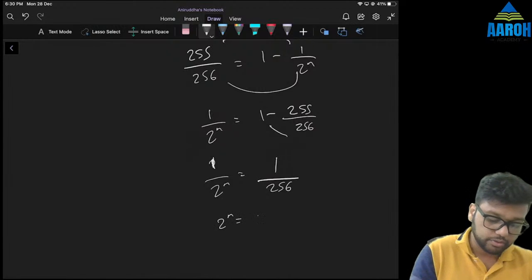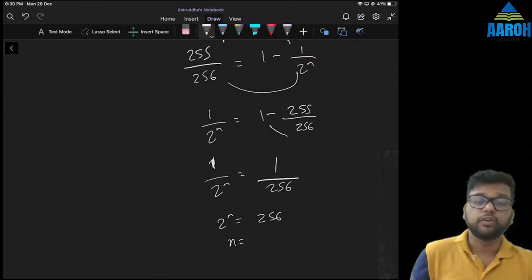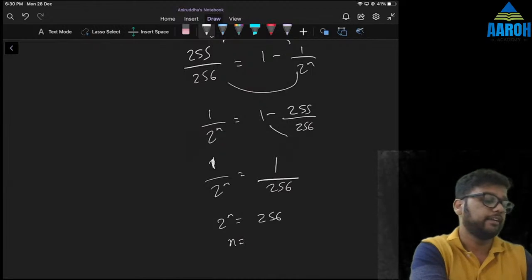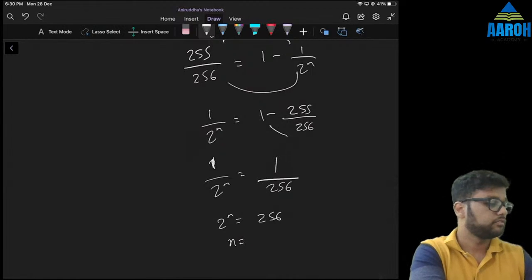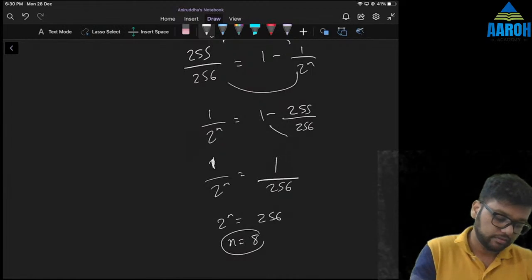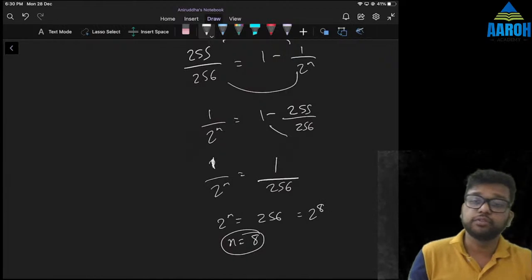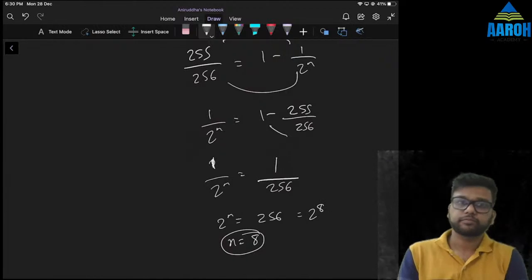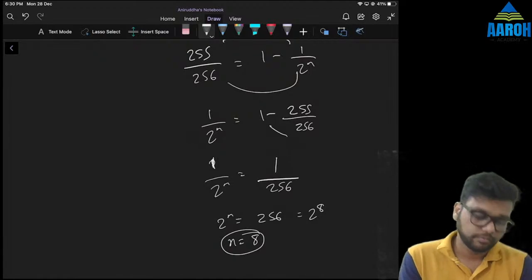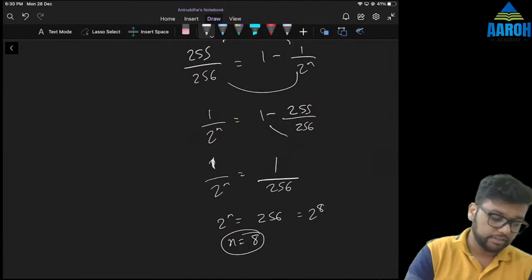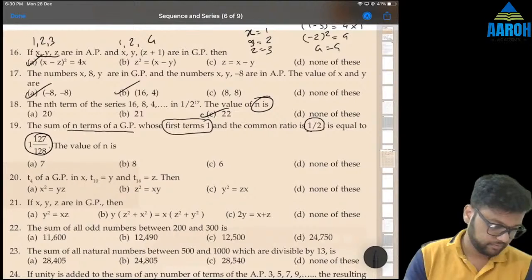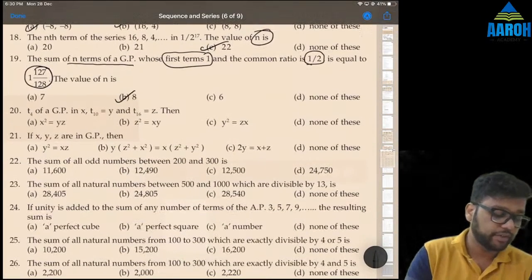That means 2 raised to n is 256. So n is what? 2 raised to what is 256? 8, right? We know that 2 raised to 8 is 256, right? So 8 will be the correct answer, which is option B. Check if you are getting B.